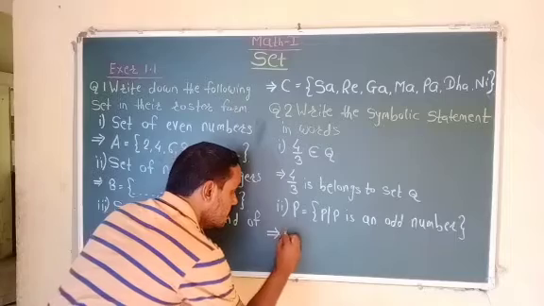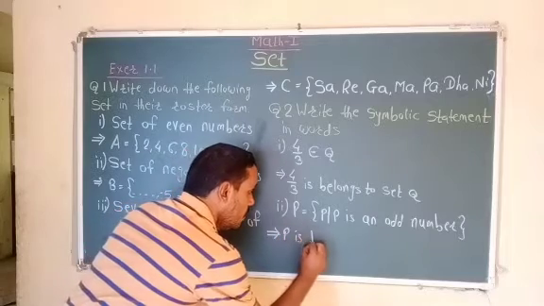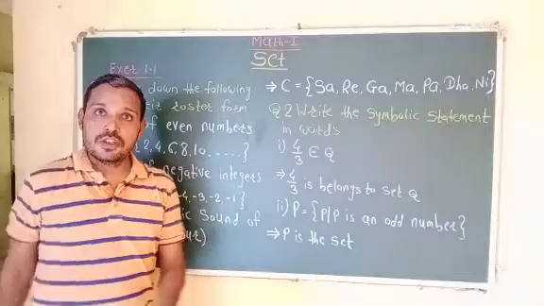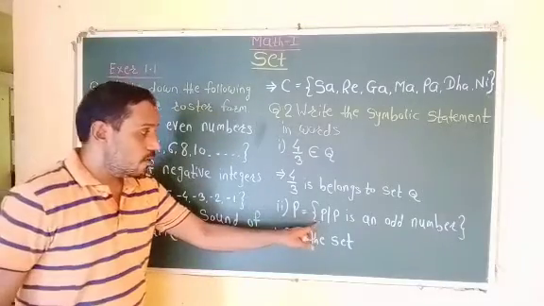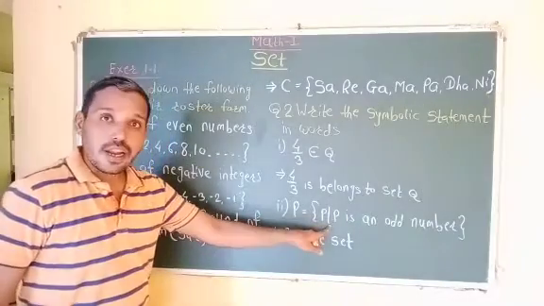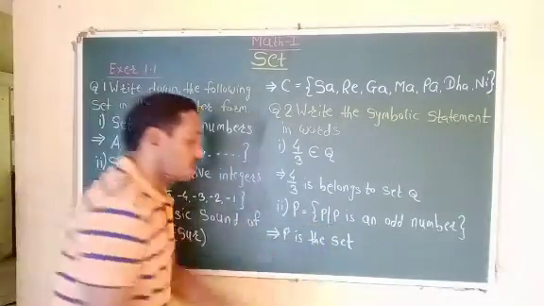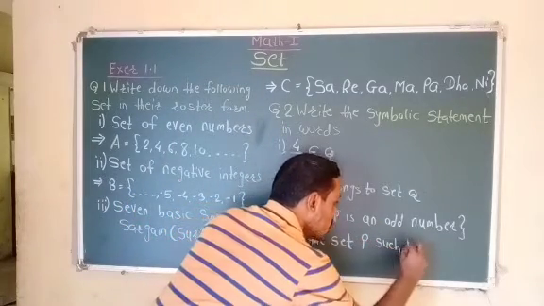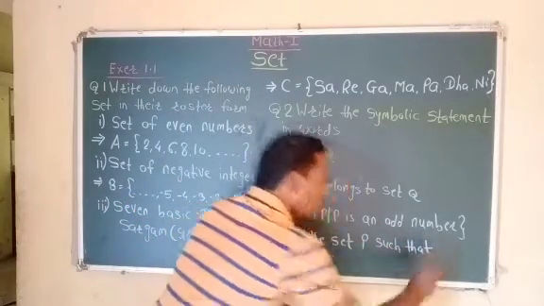So the answer is: P is the set. Then that vertical line we call 'such that'.